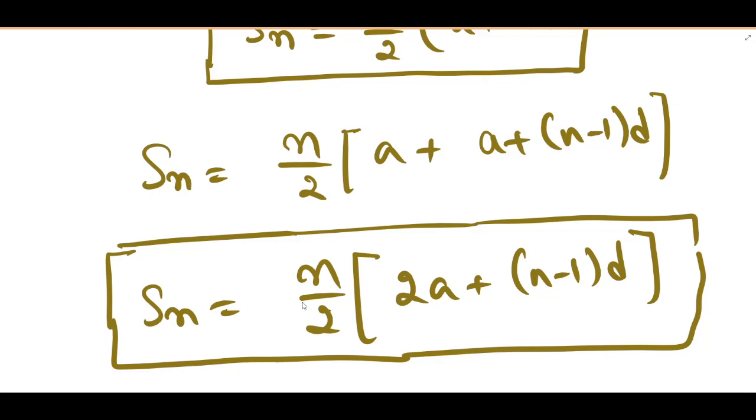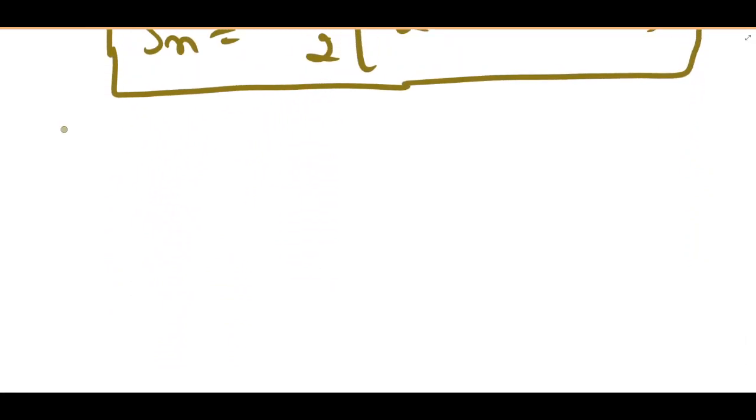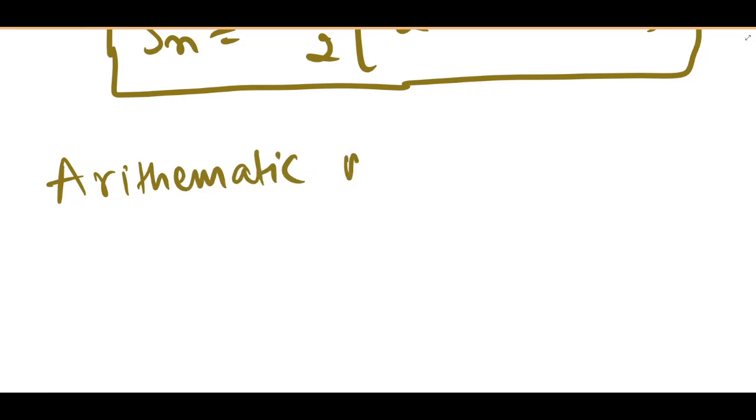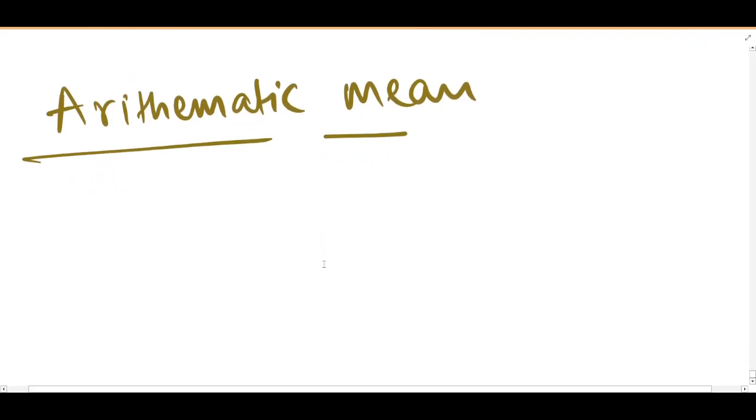Next is arithmetic mean. Let there be two numbers a and b.